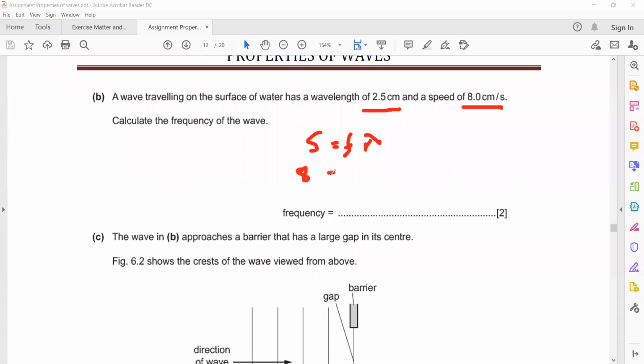Speed is 8, frequency we don't know, and the wavelength is 2.5. So 2.5 is multiplied, on the other side it will divide. So 8 divided by 2.5 gives the frequency. What's the answer? That's equal to 3.2 hertz.